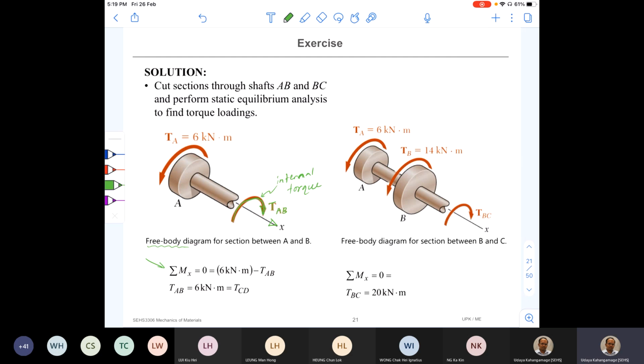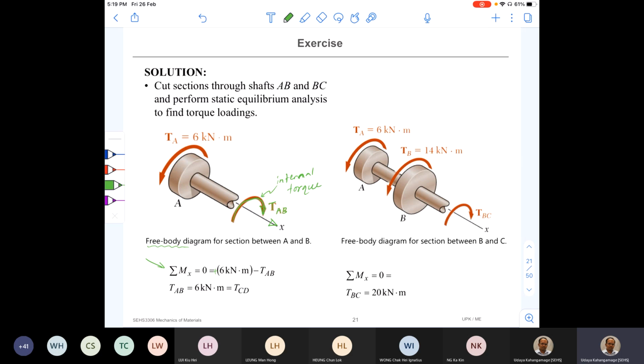So see how the equation is written, and TA is a positive moment. You can see why, right? You curl your fingers in the TA direction, then your thumb will point in the positive x direction. Therefore, it is positive.